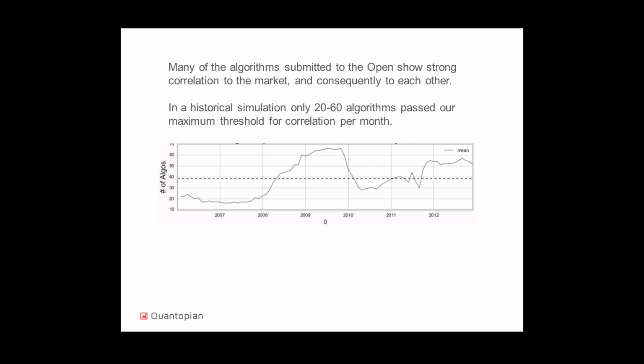Once we'd been running the contest for a few months and really looking at the algorithms coming in, trying to assess how well this crowdsourcing plan is working, one of the first things we realized was that a lot of the algorithms submitted to the Open showed a very strong correlation to the market. That made sense for a lot of reasons.